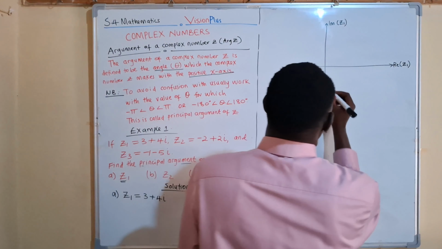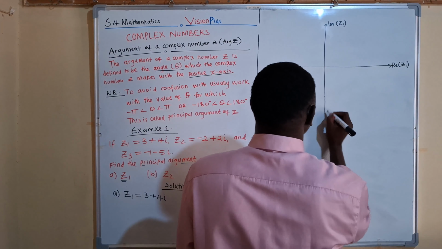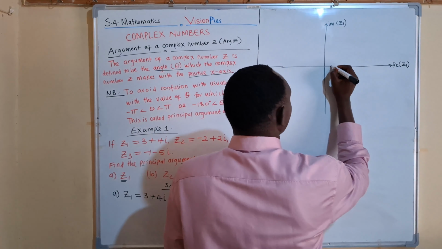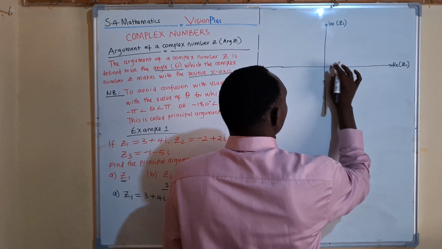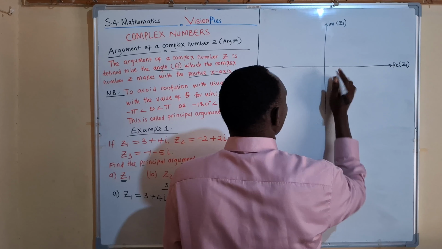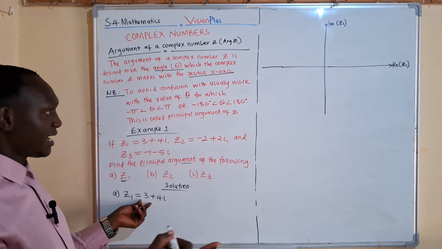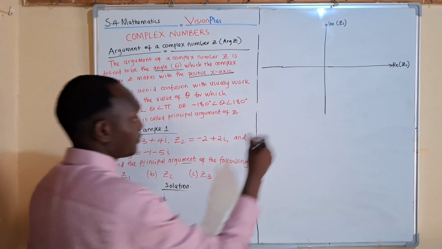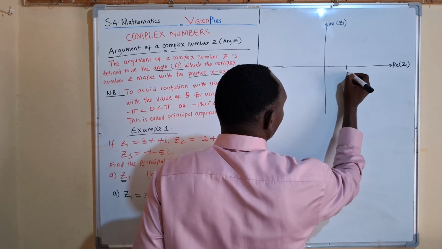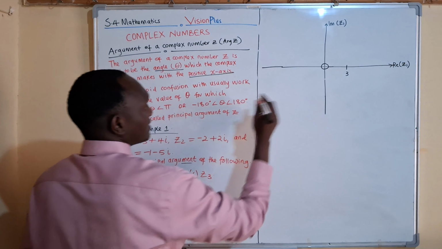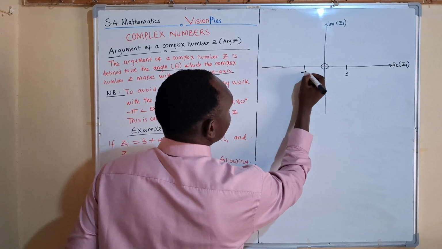You label your axes and make them long enough. On the real axis, we have positive 3. This is the origin, which means on the other side we have negative 3.